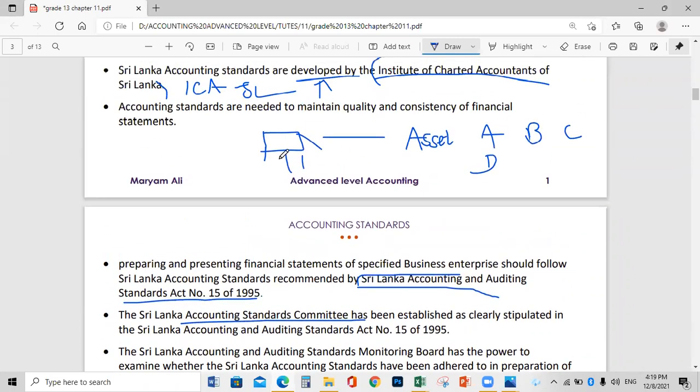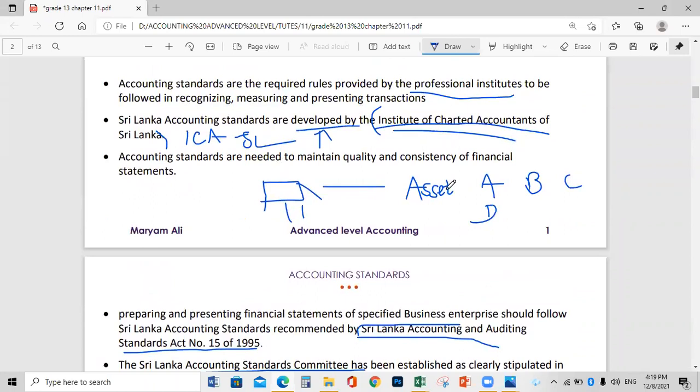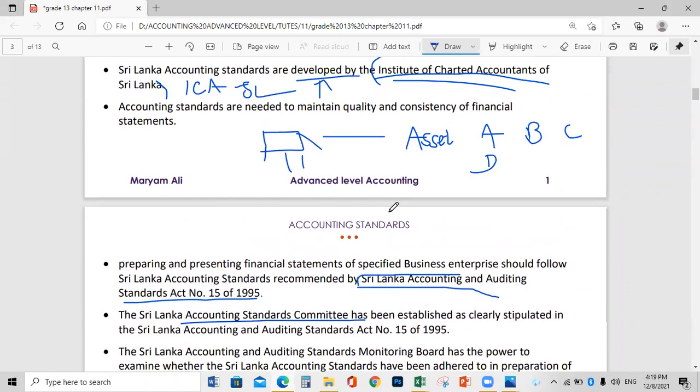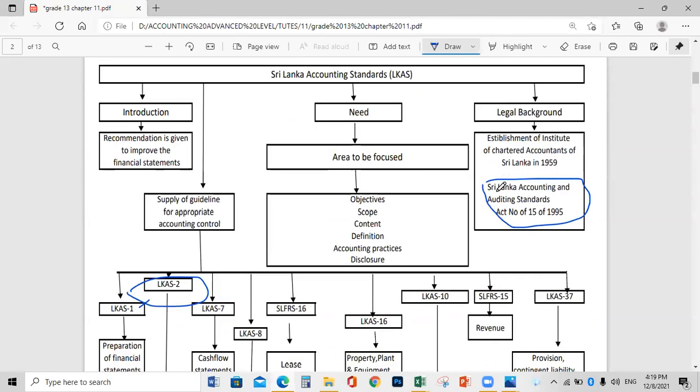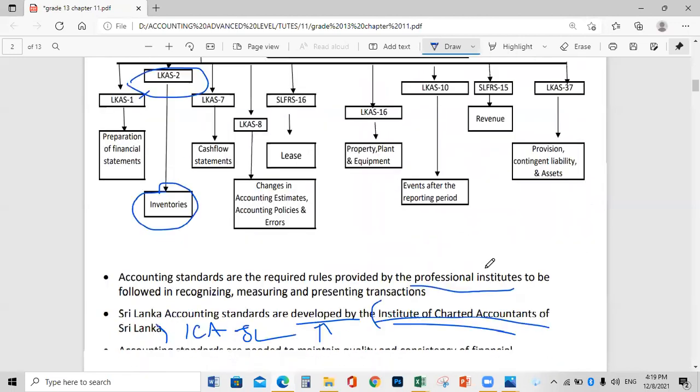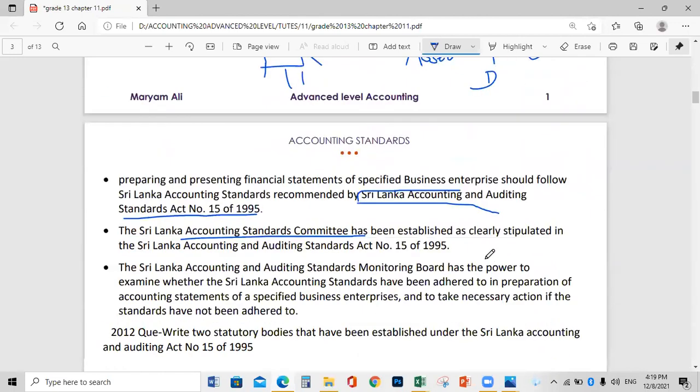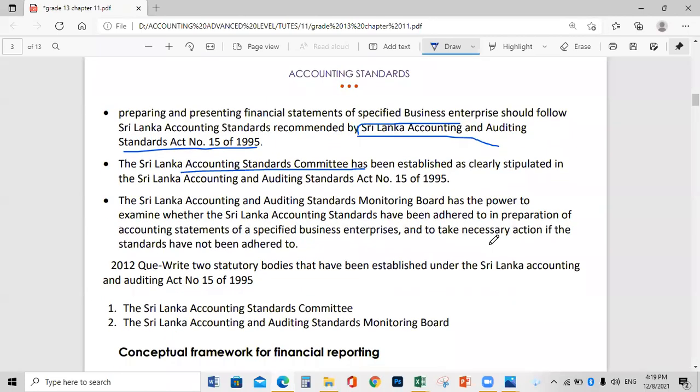The standards are developed by the Institute of Chartered Accountants of Sri Lanka. What is the legal background behind the standards? The Sri Lanka Accounting and Auditing Standards Act number 15 of 1995. So guys, the Sri Lanka Accounting Standards Committee: these are like the legal bodies below this standards act.